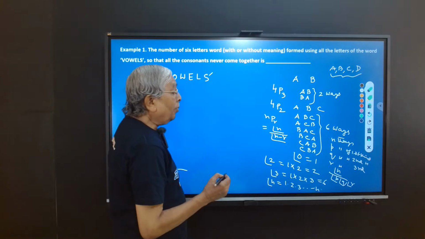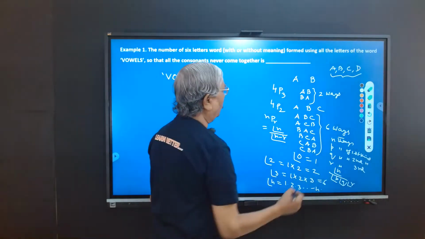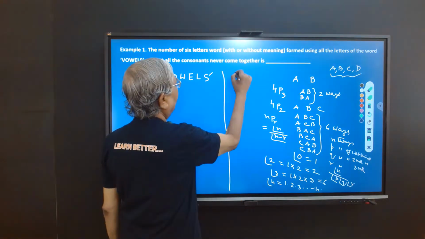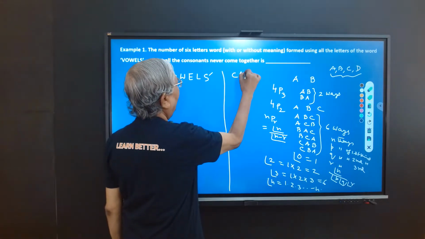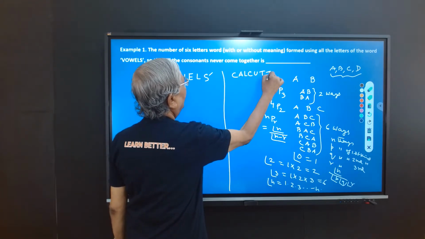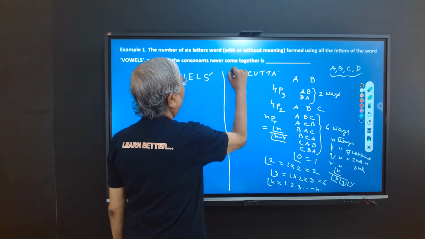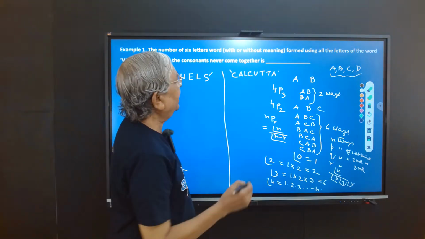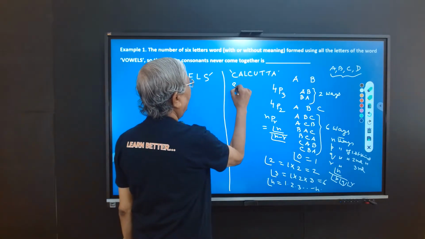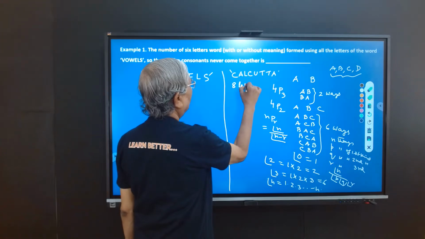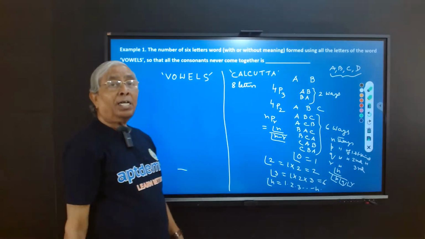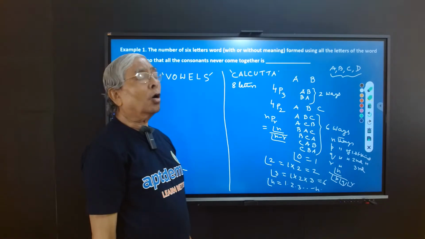Now I will give you an example of this formula. Suppose we have a word, say CALCUTTA. First, how many letters are there? 1, 2, 3, 4, 5, 6, 7, 8. So there are 8 letters. First, you see whether there is any repetition or not.